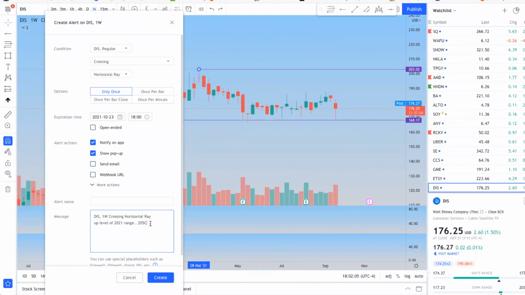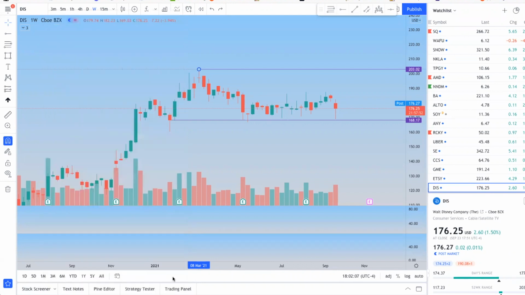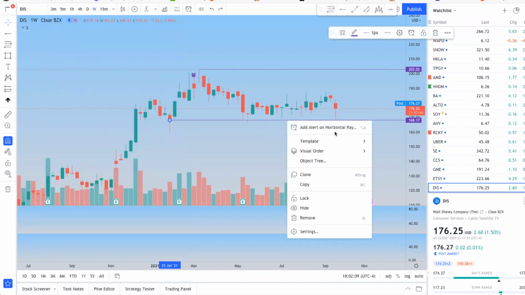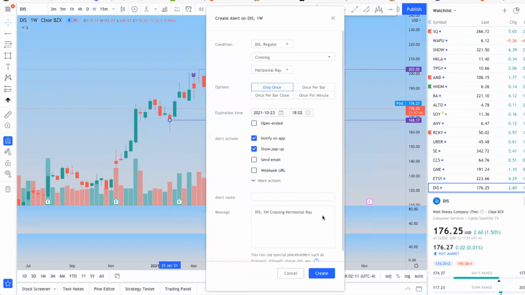I'm just going to put something like that for my information. Create the alert, then put another one at the bottom, the lower range level of 2021, and then puts, right? Easy enough.